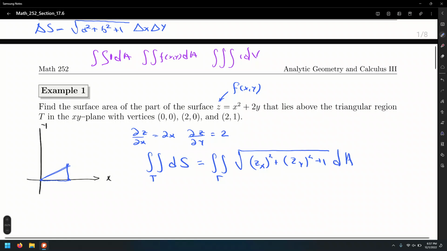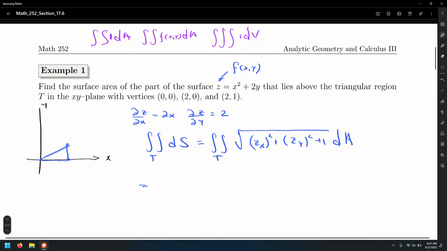Where the dA is going to be either dy dx or dx dy, depending on whether it's more convenient due to the region being horizontally simple or vertically simple. All right? Well, let's just substitute the partial derivatives, and I'm going to leave some space for the bounds. So that's the square root of the partial with respect to x, that's 2x, quantity squared, plus the derivative with respect to y, which is 2, quantity squared, plus 1.